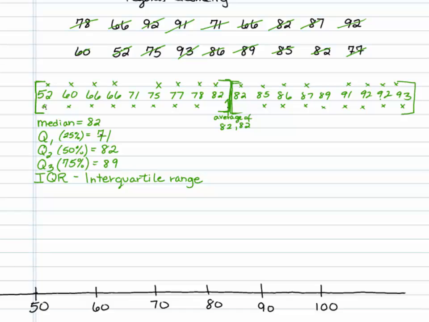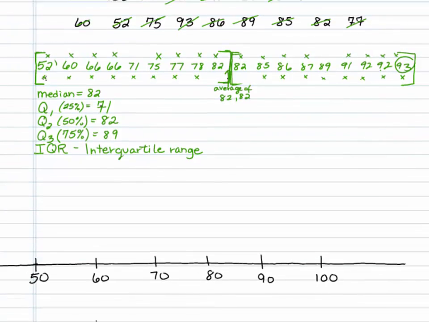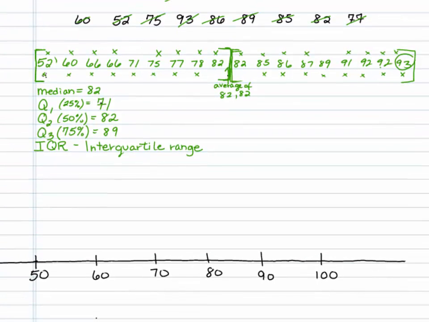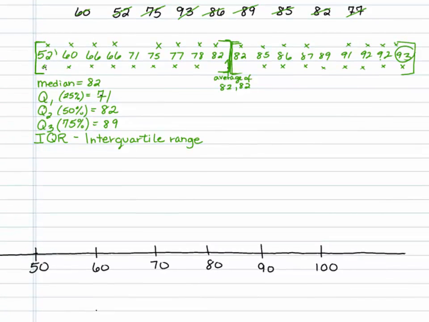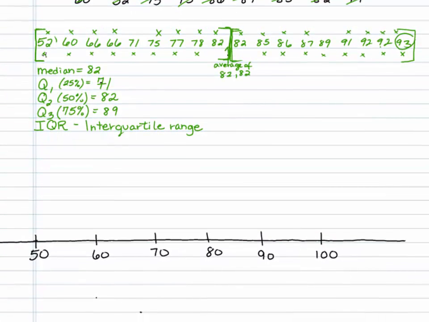And in statistics, we're going to use this range a lot more than the actual range, like from the very first number, like 52, all the way up to 93. We're going to use this interquartile range because it kind of eliminates any outliers or anything where you have these extreme lows and extreme highs.